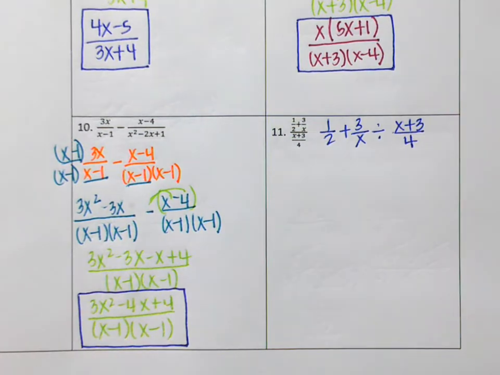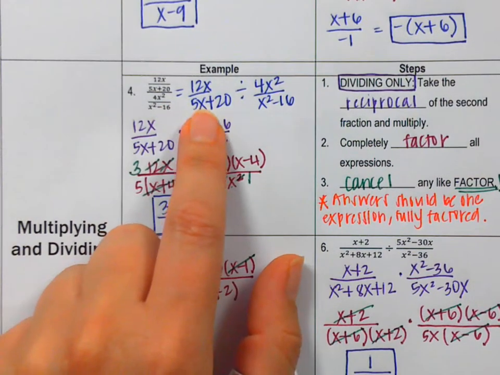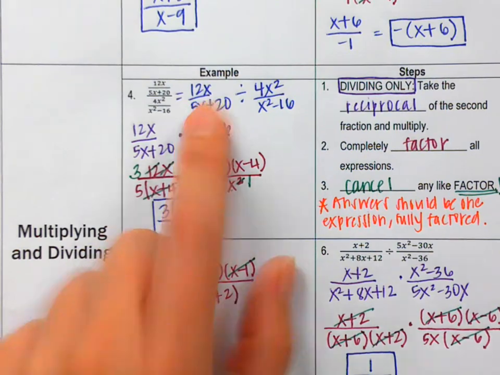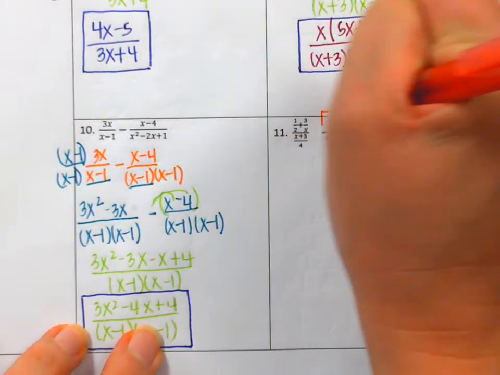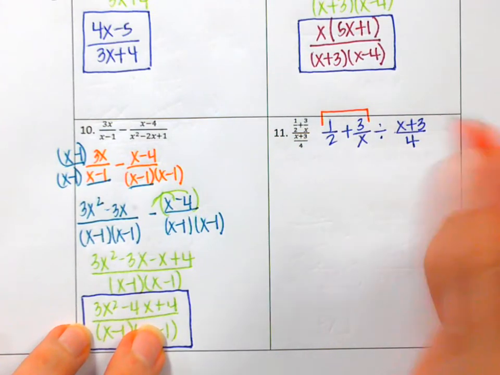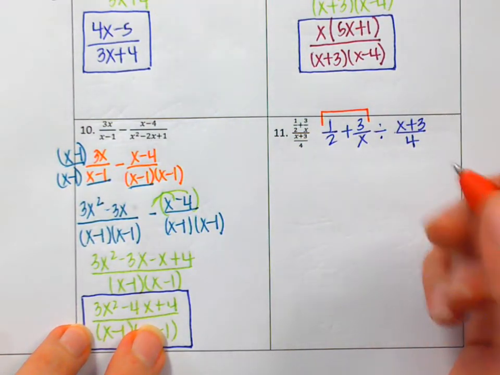Okay, now this is going to be really similar to 4. However, on 4, I didn't have any separation on top or in between of two fractions. So I have to do one step before I can move on to doing what I did on number 4. And that one step I have to do first is make each side one fraction by getting a common denominator.